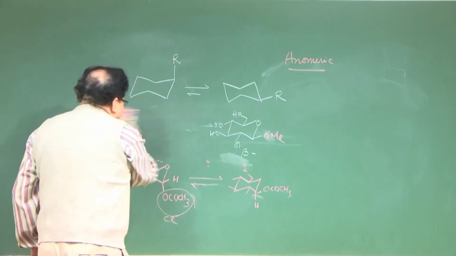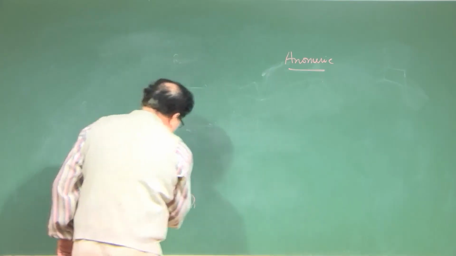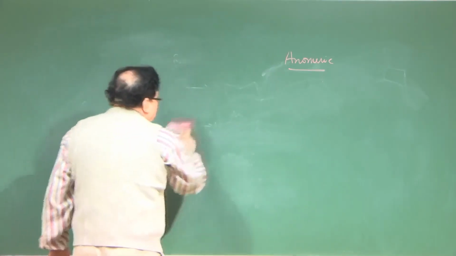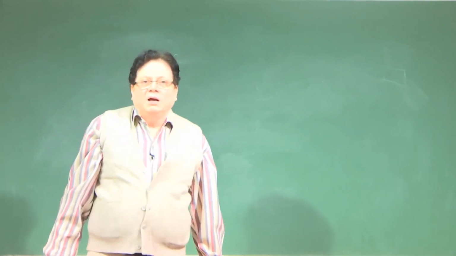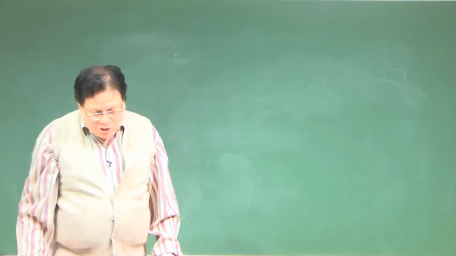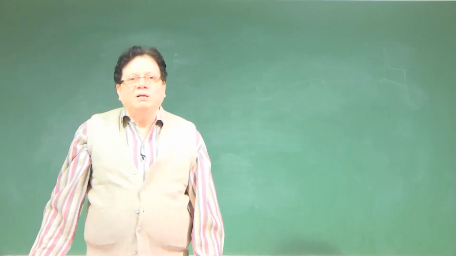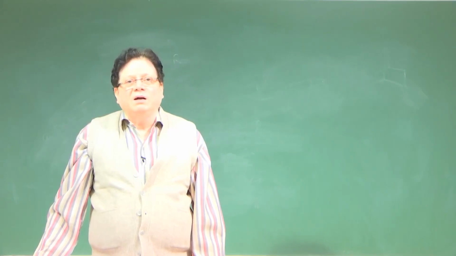Okay. Now, there are two things. Basically, one is we realize that there is a preference for the axial orientation of a polar group at the anomeric carbon. But the question is, is there any quantitative measure of this anomeric effect in the case of an ether system?